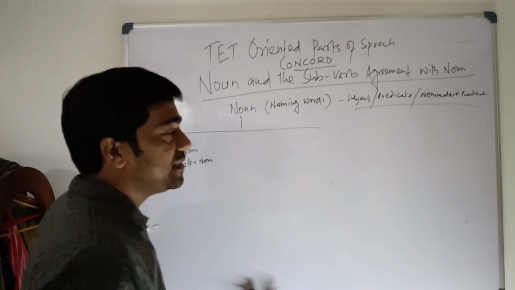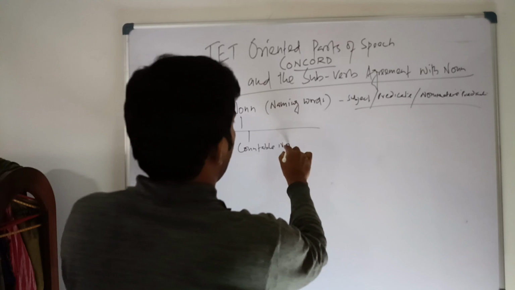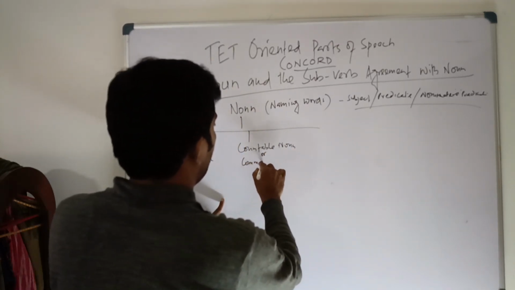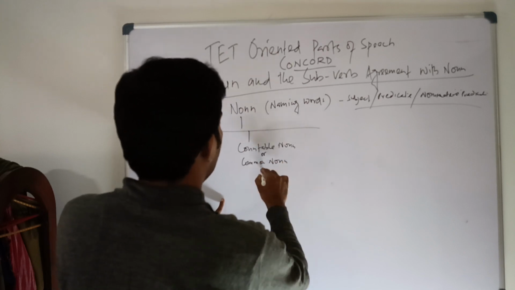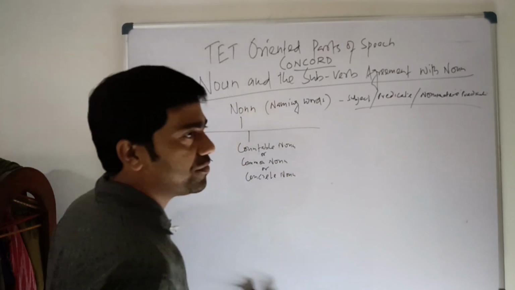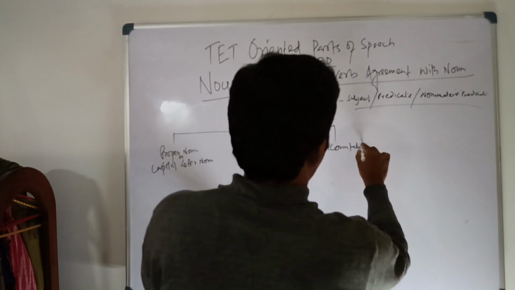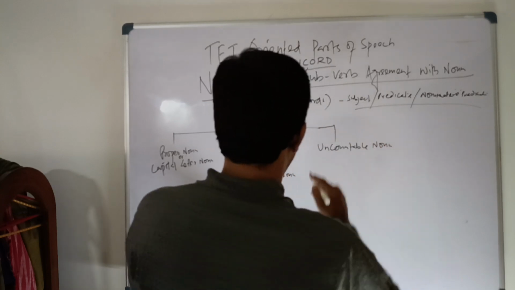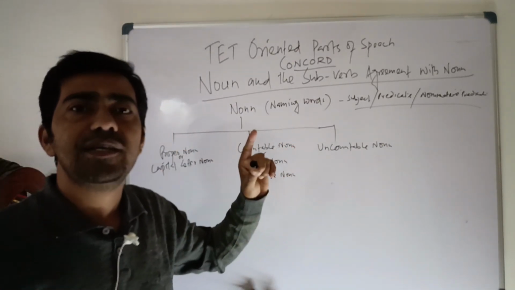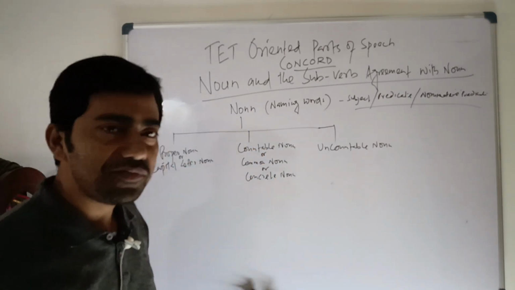All right, next, countable noun or common noun or concrete noun. Next, uncountable noun. All right, so these are the three main categories of nouns in broad sense. You get it?